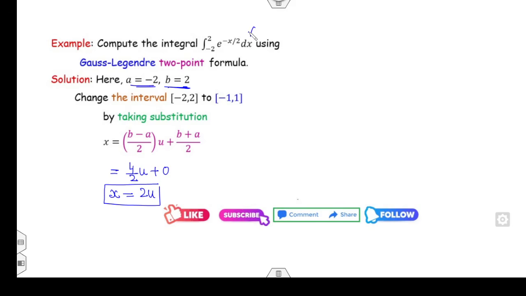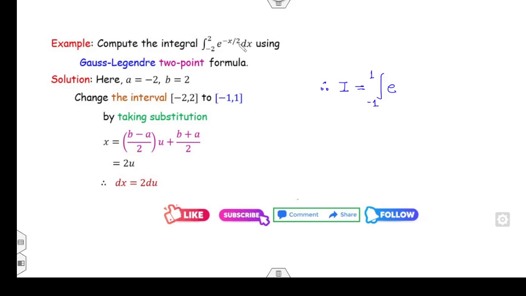I can substitute here. So I need dx also. dx will be twice of du. Therefore, your integration becomes: limits from minus 1 to plus 1, e raised to power minus x by 2, where x is 2u, times twice of du. The 2 will be outside, and e is raised to the appropriate power.